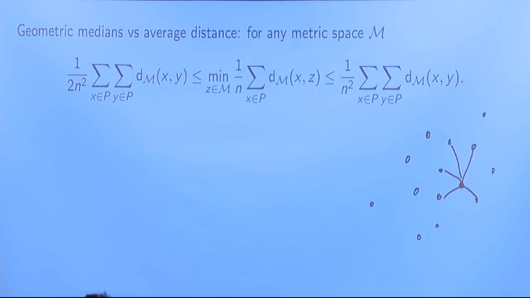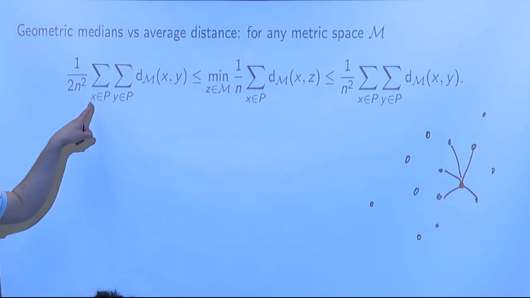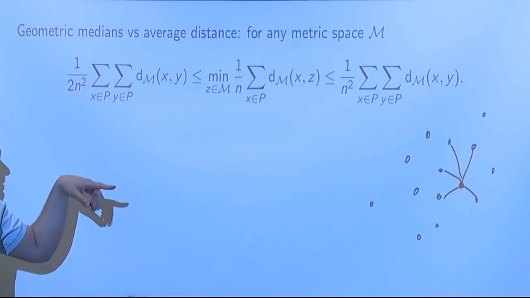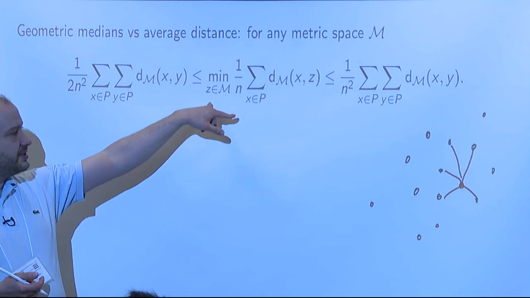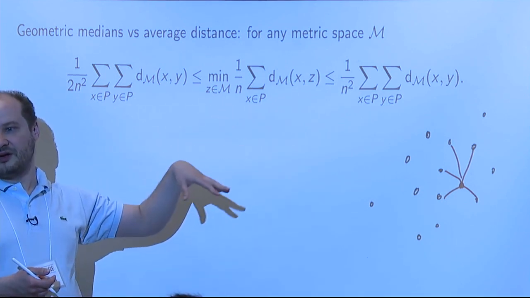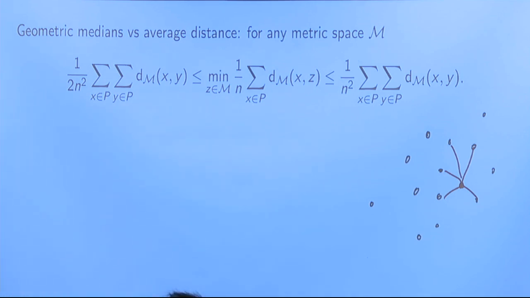So I'm comparing two things: the average distance to a fixed point z versus the average distance between pairs of points in my set P. I'm saying if I take the point z that minimizes this average distance, this is the geometric median, then these two things are the same up to a factor of 2. And we can show this. It's just a consequence of the triangle inequality.